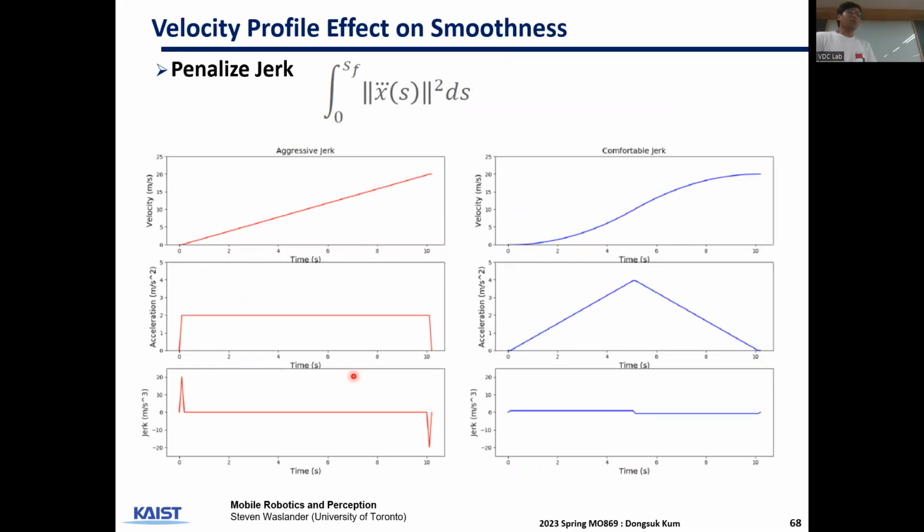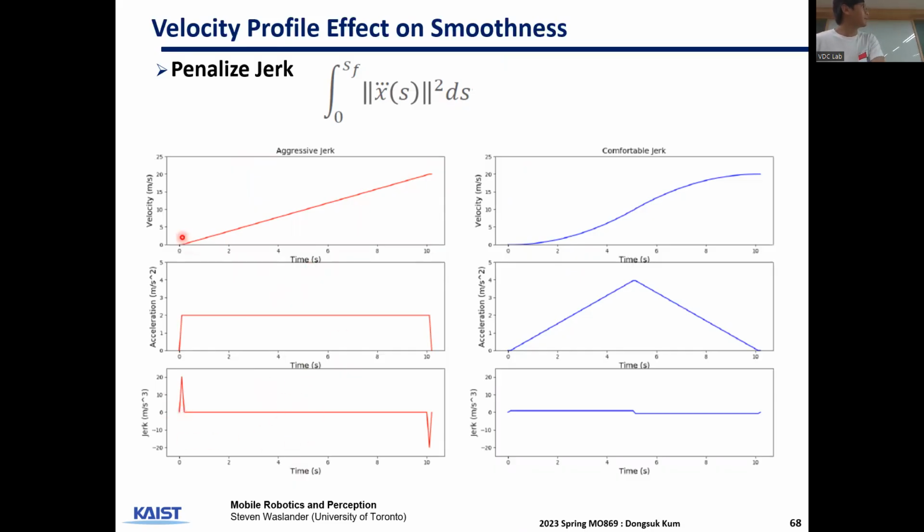Then another thing to consider for velocity profile is to analyze jerk. Here, jerk is the third-order derivative. Here's an example of when you don't penalize jerk.